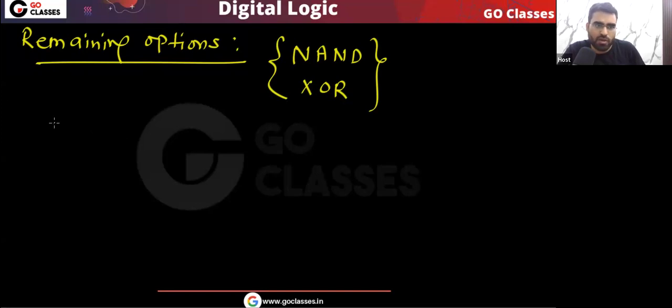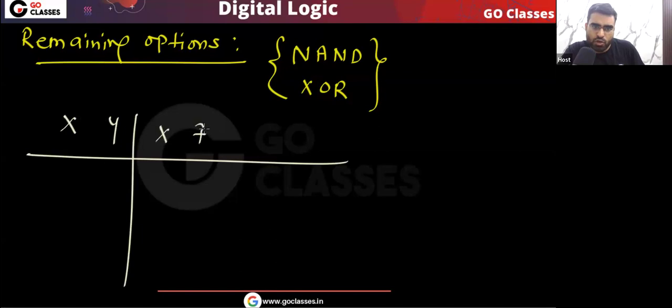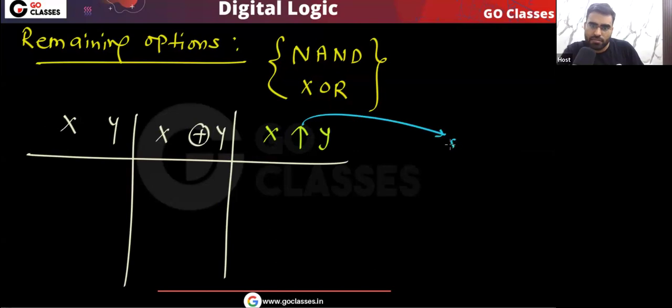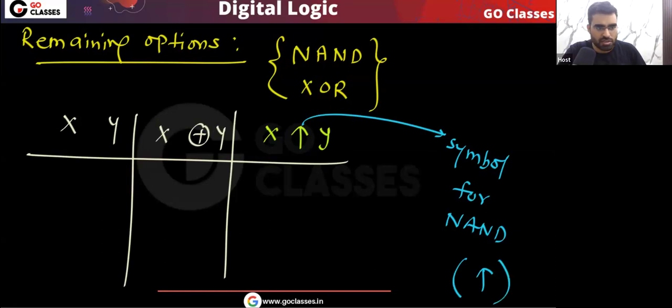See, for example, if you have inputs X and Y, look at the truth table of X XOR Y and the truth table of X NAND Y. Remember, this is the symbol for NAND. The inputs are 00, 01, 10, 11.